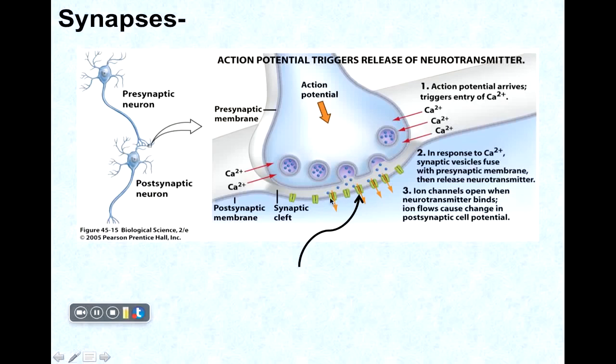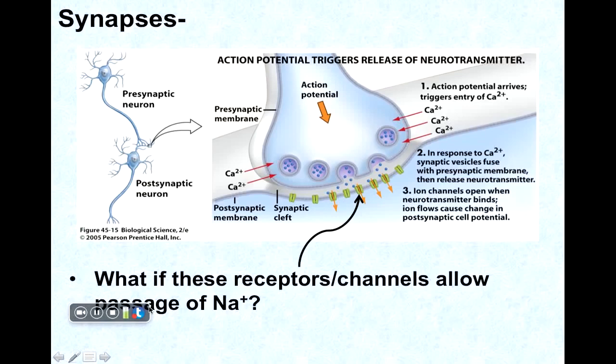When they bind with those receptors, that can cause the receptors to actually open. Much like the voltage-gated channels we mentioned previously, here we're talking about receptors that can open and allow the diffusion of specific ions. For example, if a neurotransmitter is released and binds with receptors that allow the passage of sodium ions across the cell membrane, what would happen?